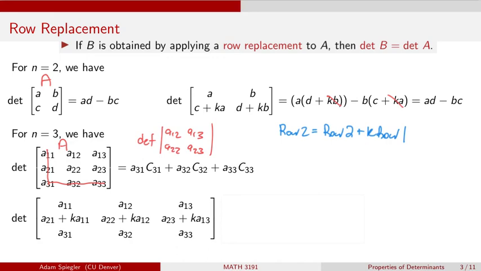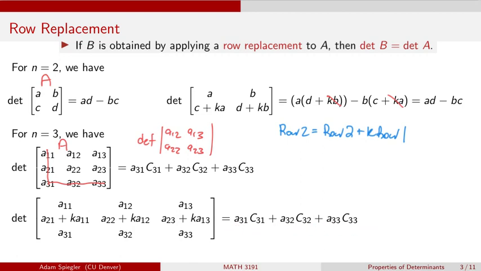So I'm just going to consider this replacement operation, namely replacing row 2 with row 2 plus K times row 1, and whatever replacement operation you wanted to construct, you could prove that it won't change the determinant, similar to how this one will follow. Let me do a cofactor expansion across row 3 again on the new matrix that we get after doing this row replacement, and what we'll see is that we get the same exact expression back.